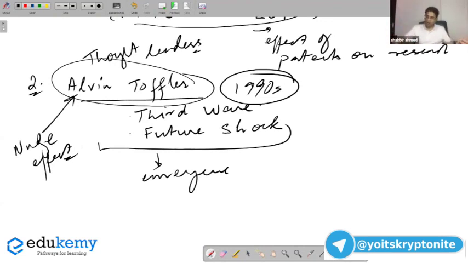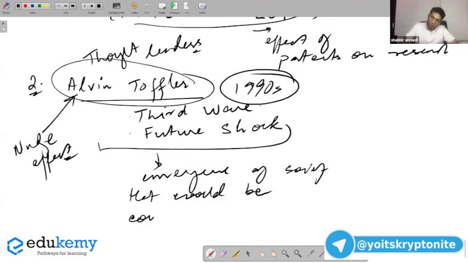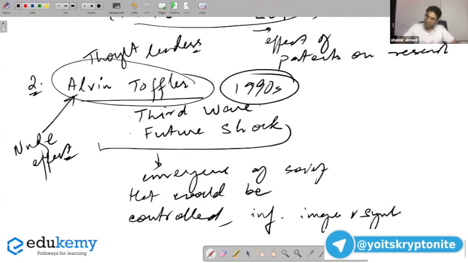So this man talked about the emergence of a society that would be controlled and managed using information. Okay, that would be controlled and managed using images and symbols.